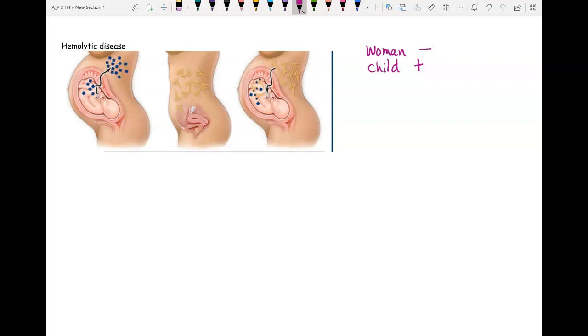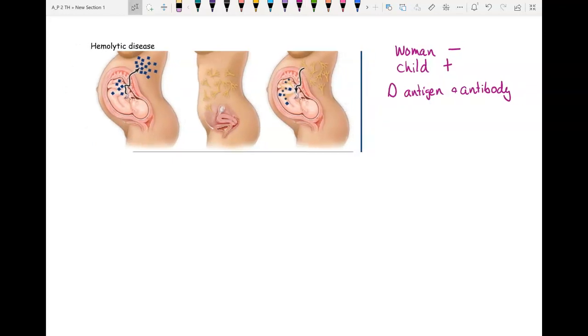So what happens here, we're dealing with positive and negative, so we're dealing with the D antigen and antibody. If we look at our pictures here, in the first picture, this woman is pregnant with her first child. This is her first pregnancy.